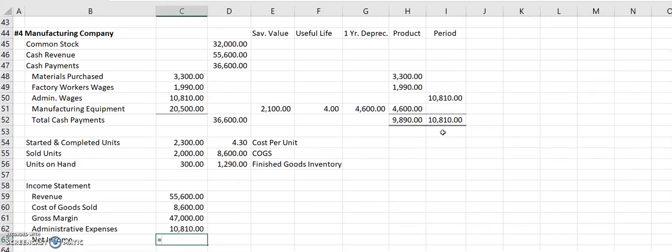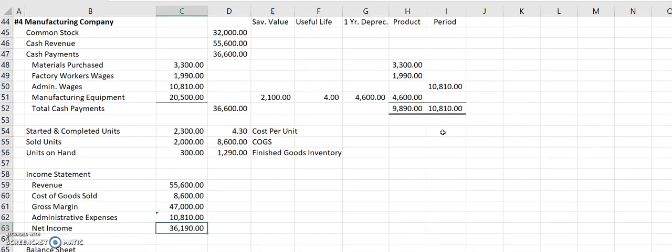And then our net income is going to be our gross margin, our gross profit, minus our administrative and selling period costs. So our net income for this question is going to be $36,190.